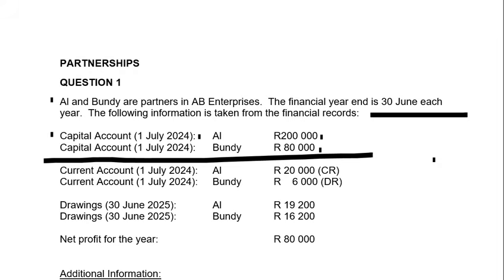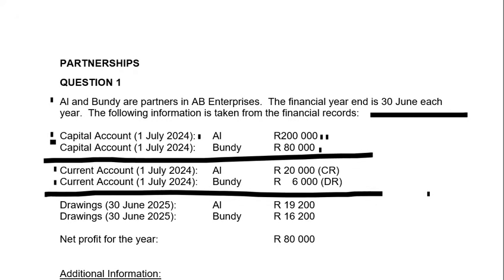Now the capital accounts in a partnership only record capital contributions, so no other movements, only capital contributions, and if there is a withdrawal of capital. The profit which each partner is entitled to will end up in the current accounts, because the current accounts show all the movements of transactions relating to partners.